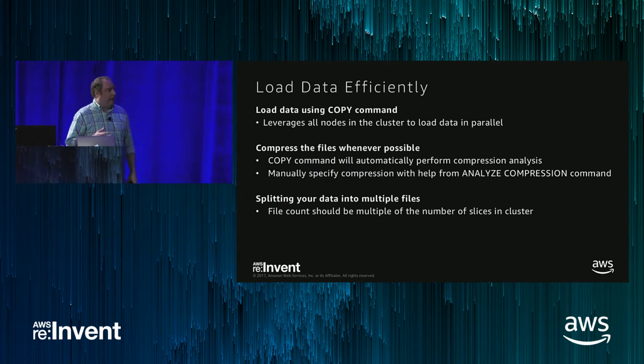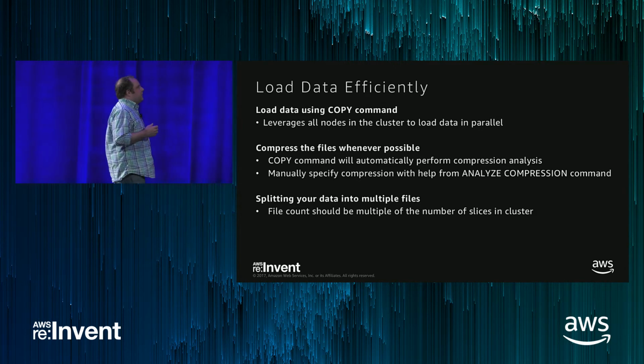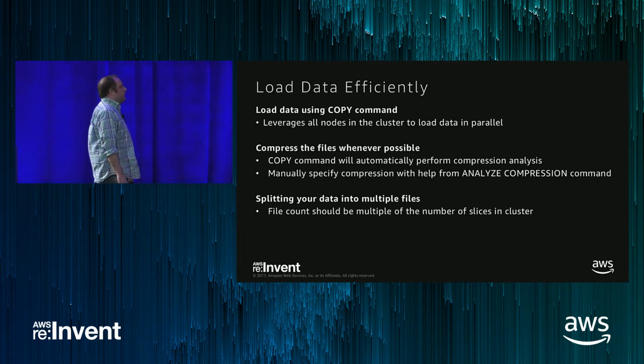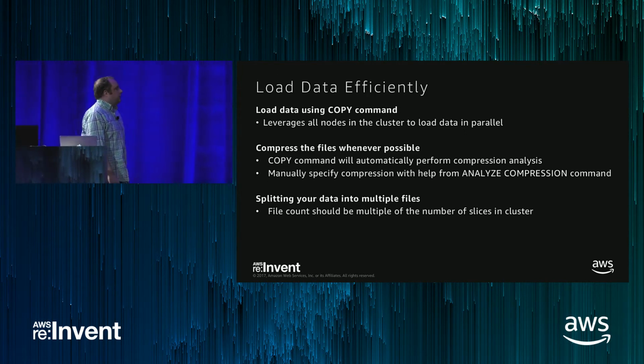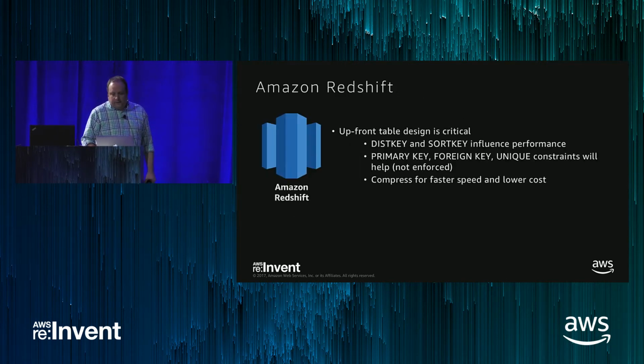And now we're diving into the optimization part. The first part is we want you to load your data efficiently. When you're using the copy command, load all the data in parallel. We highly recommend compressing the data. If you use the copy command, by default it will use a default compression and thus load the data a little more quickly.